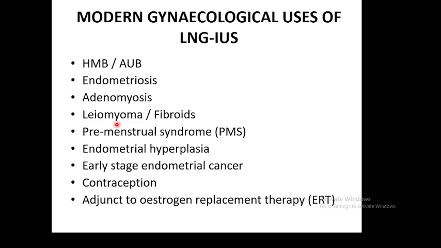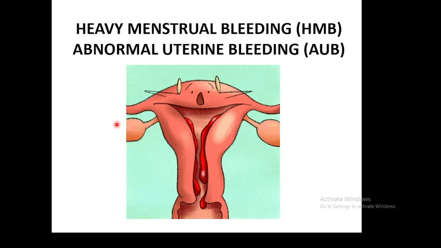Again, we use it in AUB, endometriosis, adenomyosis, and limited use in fibroids. There's a place for PMS, endometrial hyperplasia, and again limited use in early stage endometrial malignancy when the patient wants to preserve her uterus. It is a mode of contraception. This is the original introduction of LNG-IUS to the world, as a mode of contraception at the beginning, and it is also used in HRT.